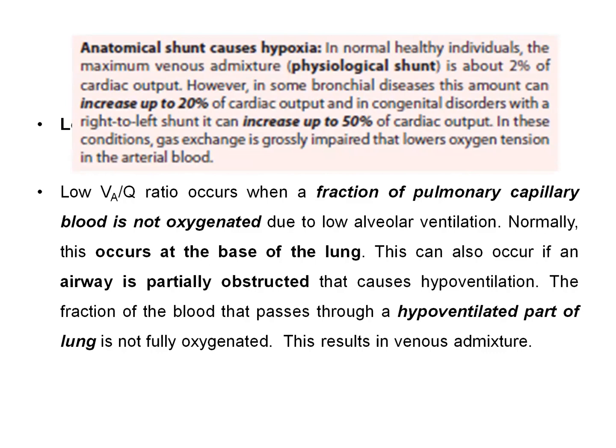So, in normal healthy individuals, the maximum venous admixture is about 2% of cardiac output. However, in some bronchial disorders, this amount can increase up to 20% of cardiac output. And in congenital disorders with right to left shunt, it can increase up to 50% of cardiac output. And in these conditions, the gas exchange is grossly impaired.